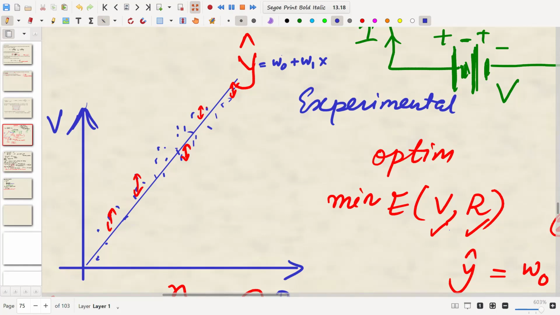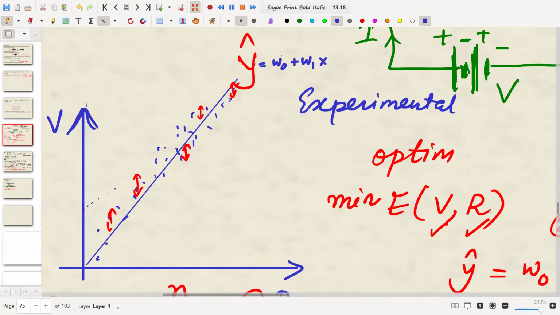If w0 is 0, it will start from the origin. If w0 is non-zero, that's the intercept, and it will start somewhere here. Depending on w0 and w1, the regression line will change its orientation and position. If you do the w0 w1 optimization, the line fits the data set, and the moment the error is less, it will fit. That's the line.